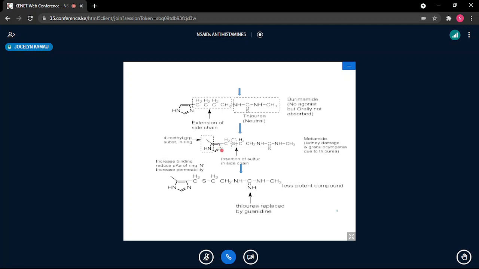The lone pair of electrons, which are supposed to be used in case it's forming a base, will move along the side chain, and therefore that nitrogen will be less basic.